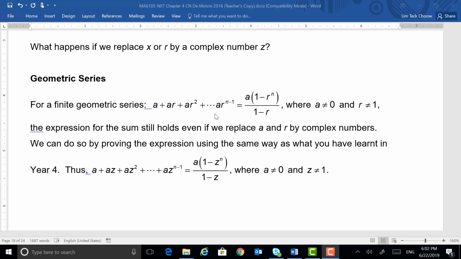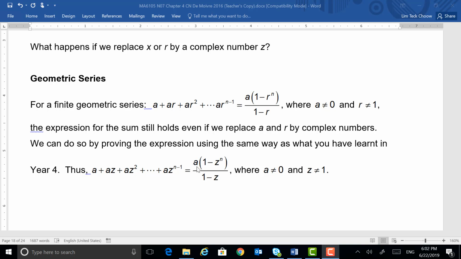Now, going by the same basis, if this r is now replaced with a complex number to give you a finite geometric series where the r is now z, where z are complex numbers, going by the same argument that you have used before, you will arrive at the same expression, in this case 1 minus z to the power of n over 1 minus z.